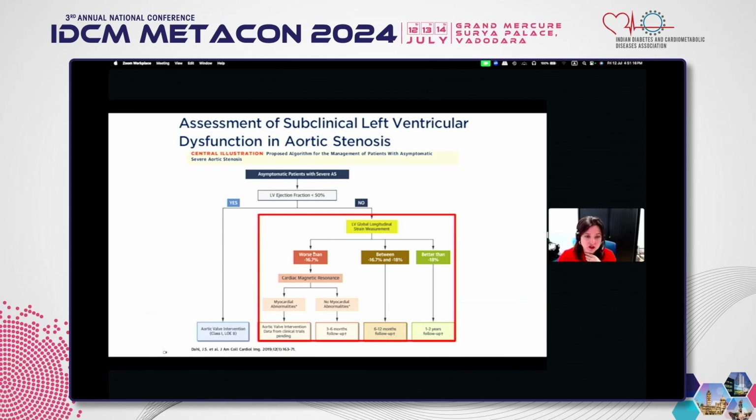But if you have a GLS that is decreased, even if the ejection fraction is preserved, you should think carefully about what this patient needs. Maybe a magnetic resonance imaging to look at the properties of the myocardium, or think of an intervention.